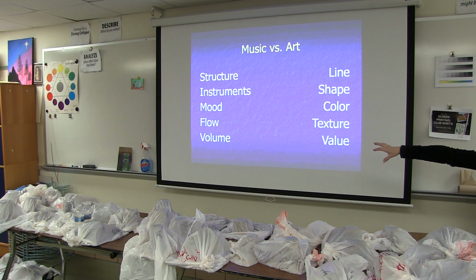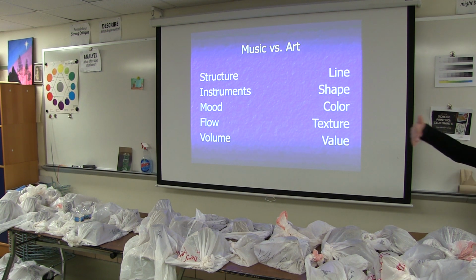Now, the flow of music, what would you associate with on the right side? Shape. How it flows from one. Texture. Line. You could do line, you could do texture. I could see how they would go with both. And then volume in music would be associated with value, lights and darks. Does that make sense? Okay.